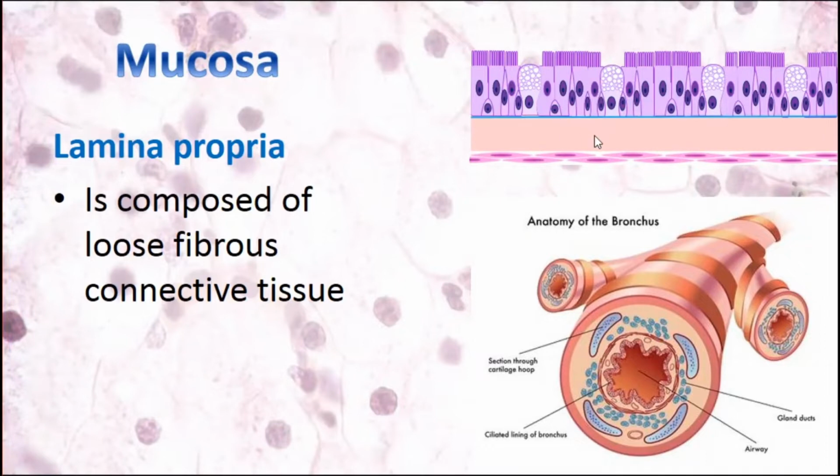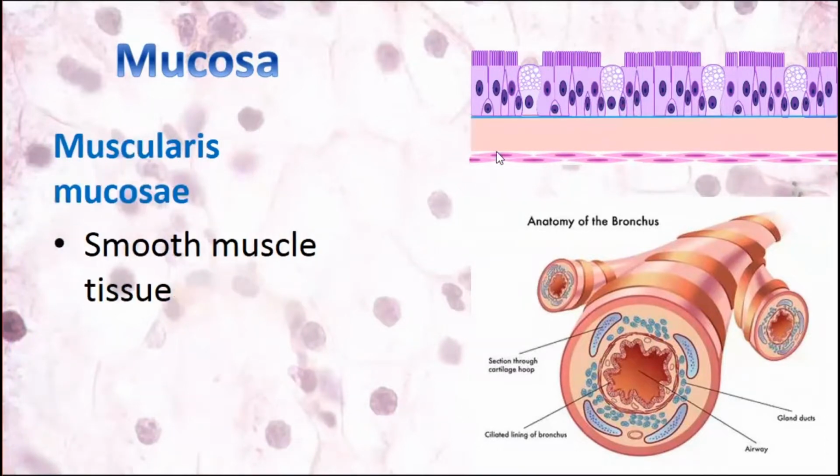And under lamina propria, we have muscularis mucosa. Here we can see this muscularis mucosa. It's composed of smooth muscular tissue, a thin layer of smooth myocytes. And this muscularis mucosa can change the relief of the mucosa through contractions of the smooth myocytes, and it is developed to a different degree in different regions of the respiratory system.